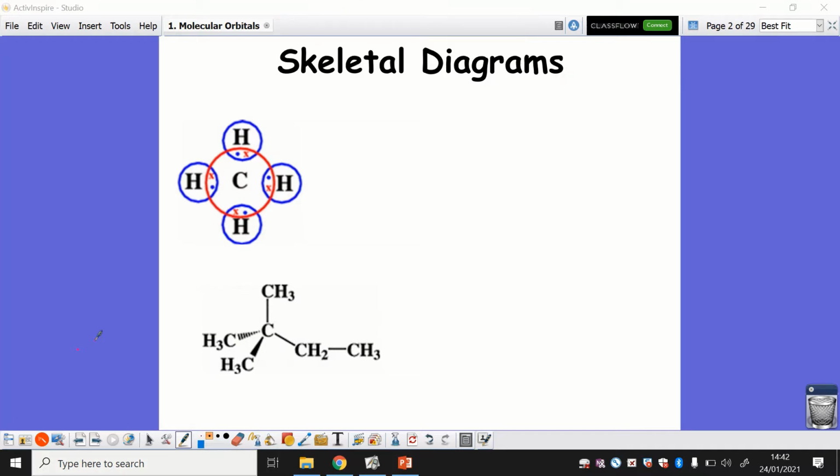So, before we get into this topic in great detail, I want to introduce to you a new way of drawing molecular structures. Now, you will probably have seen this before, but this is the way I would like you to draw molecular structures from now on. If we have a look at the two molecules I've got on the screen here, the first one is methane.